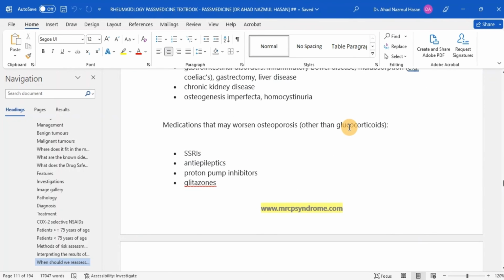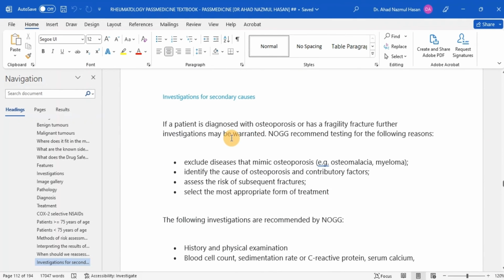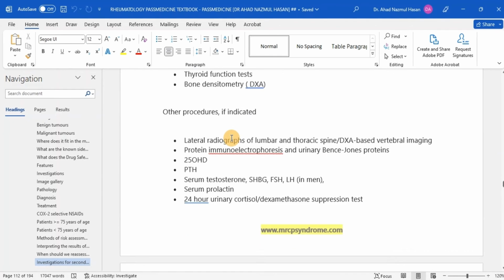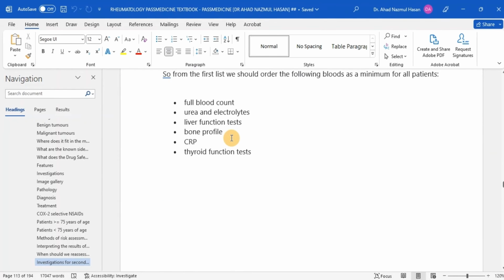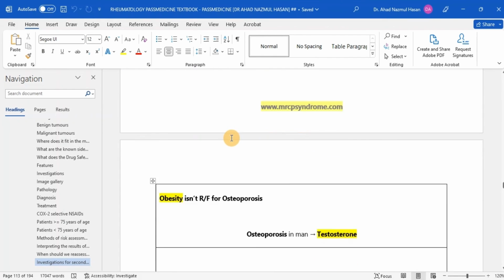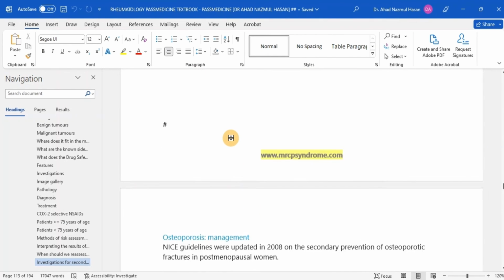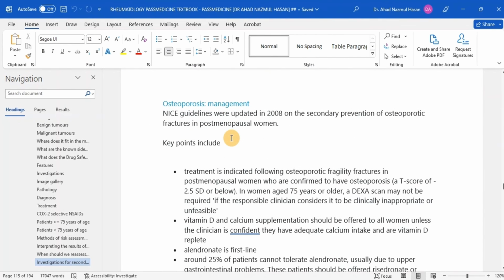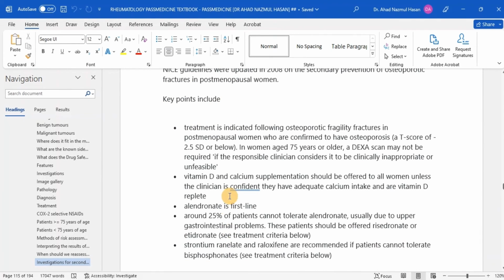And steroid or glucocorticoid are the commonest cause of osteoporosis, and osteoporosis may also occur following the PPI and SSRI. Osteoporosis management guideline key points, these are important.